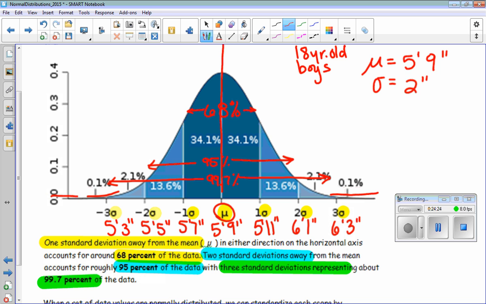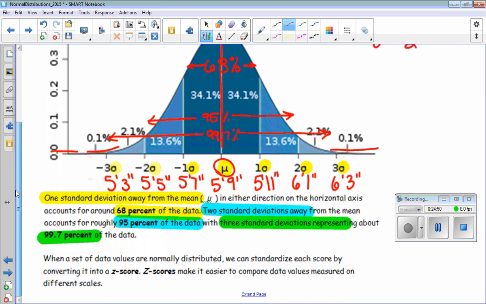So that means that any boy that's taller than 6'3" or shorter than 5'3" would be very unusual, because 99.7% of boys are between those 2 heights. Okay? Those three percentages are important to know.